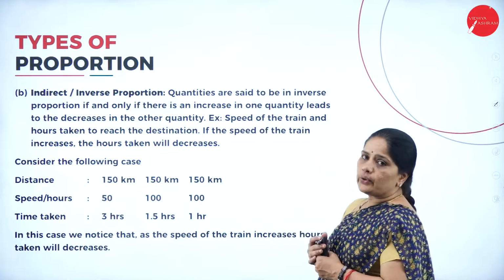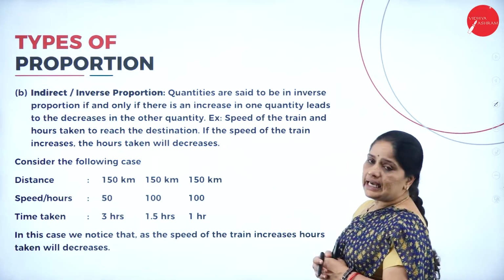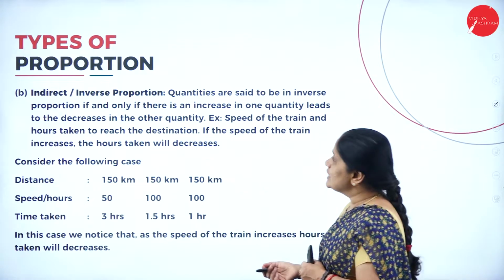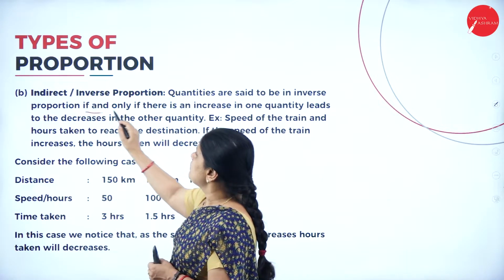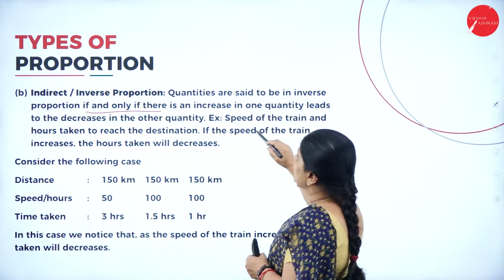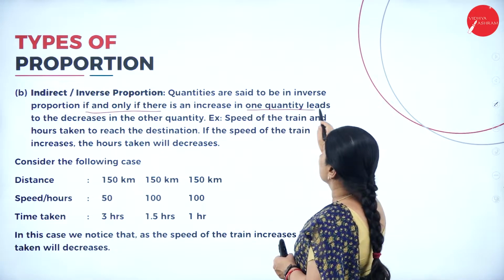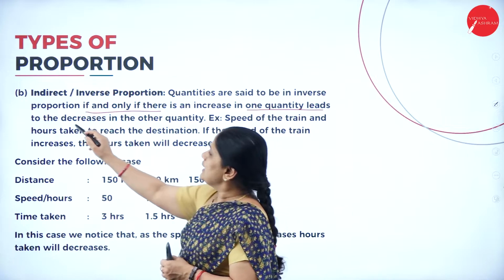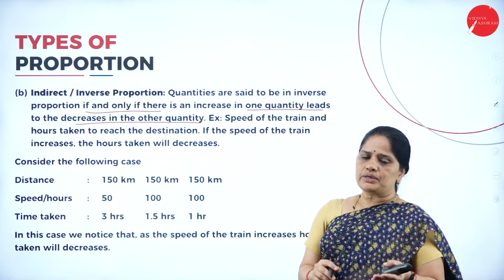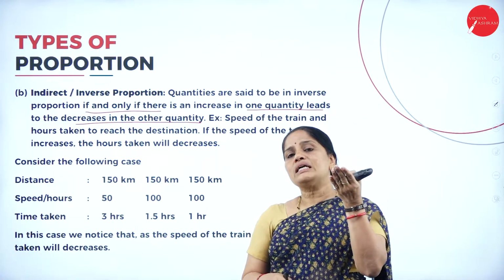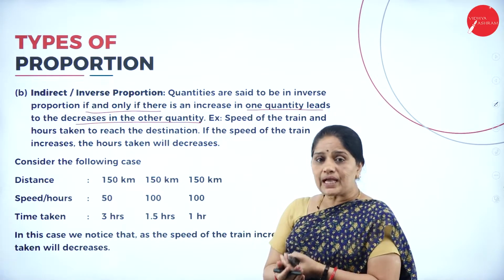Now, let us look into what is indirect proportion or inverse proportion. The quantities are said to be in inverse proportion if and only if an increase in one quantity leads to a decrease in the other quantity.